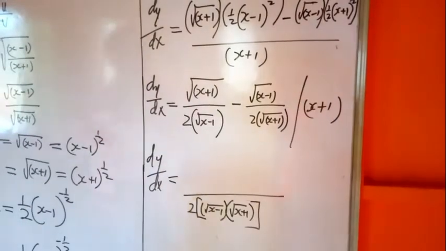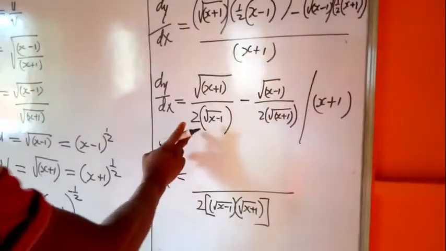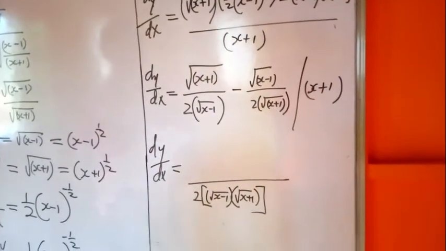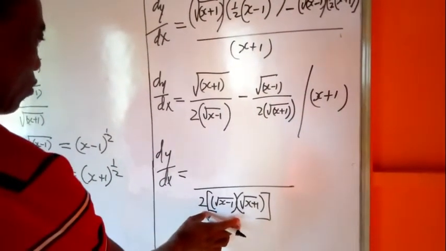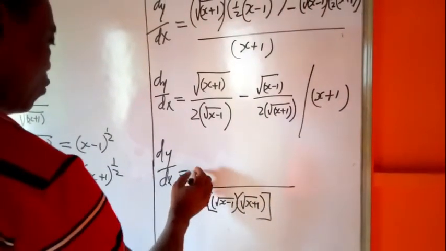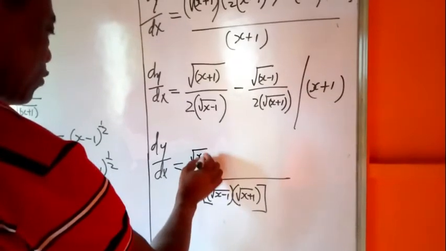Now, if 2 into root x minus 1 goes, it's going to pick 2 root x minus 1 and you are left with root x plus 1.